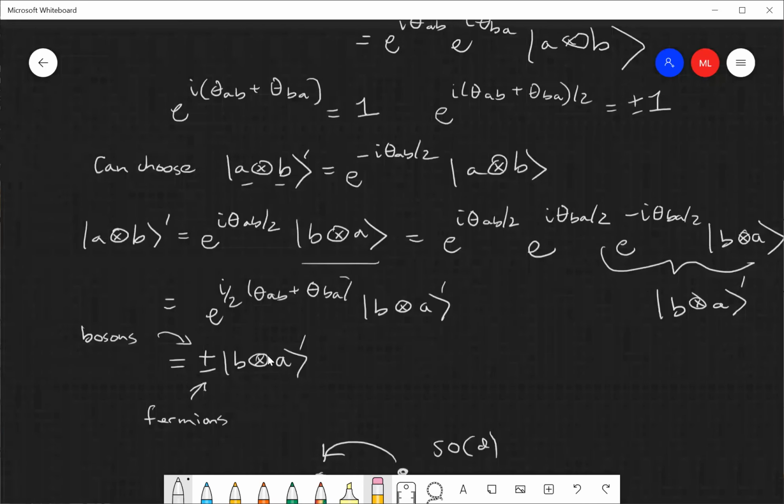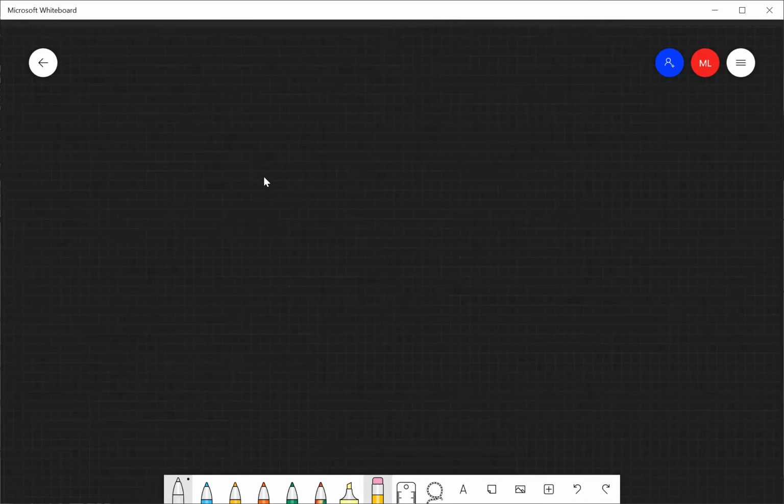So this property of whether a state is symmetric or anti-symmetric becomes completely generic, and all states have to be one or the other. And you can actually prove that. A symmetric state, what do we mean by a symmetric state?